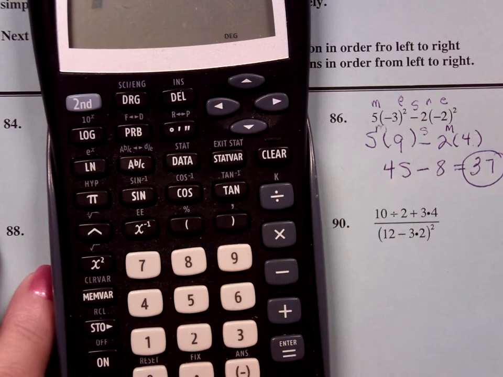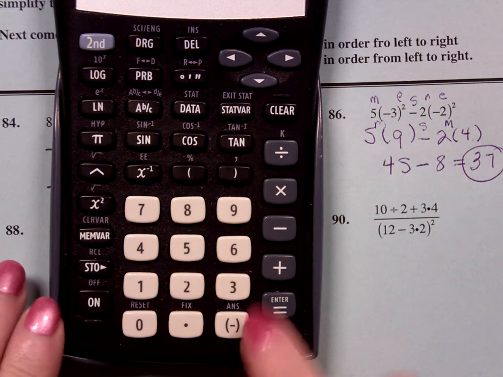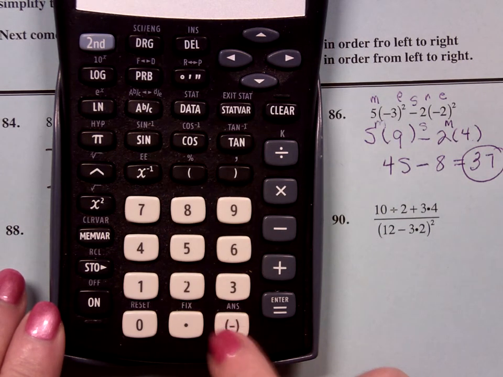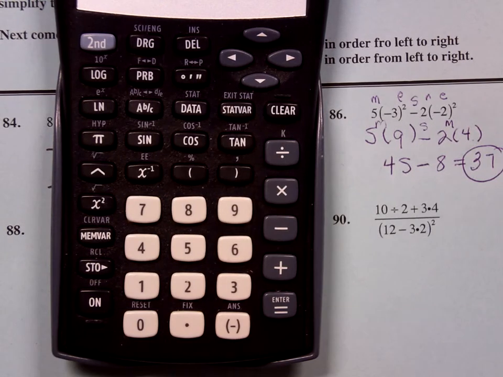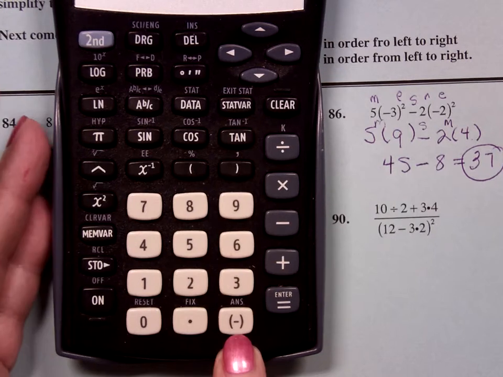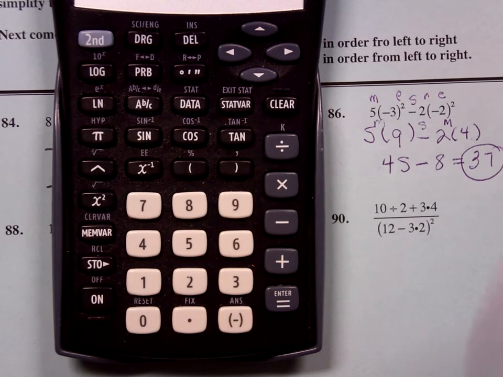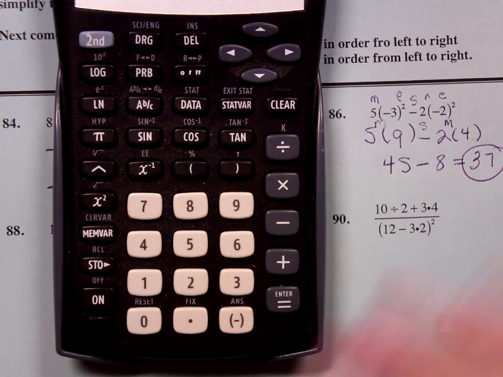Many times if you don't have a TI and you need to change sign, you'll see a little plus minus. Plus minus is the change sign key. You type in 37. If you want a negative 37, you press the plus minus instead, and that puts a negative in front. Some of your other calculators, like the Casio, usually have that set up that way.